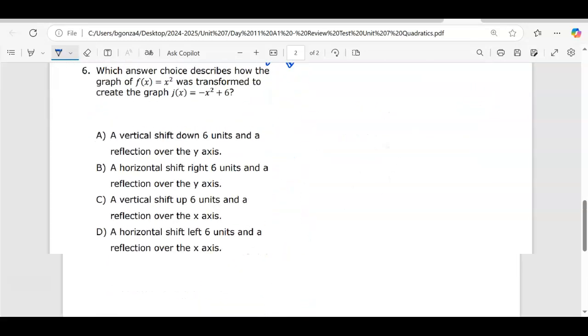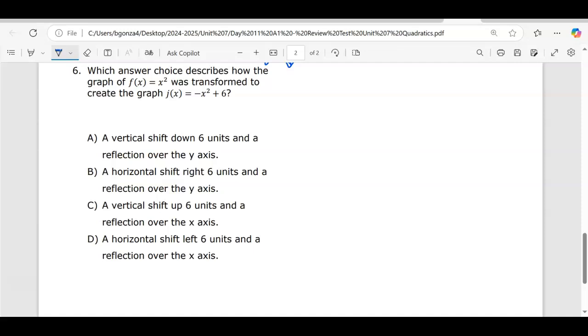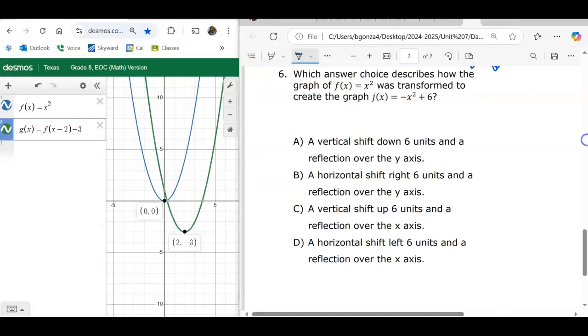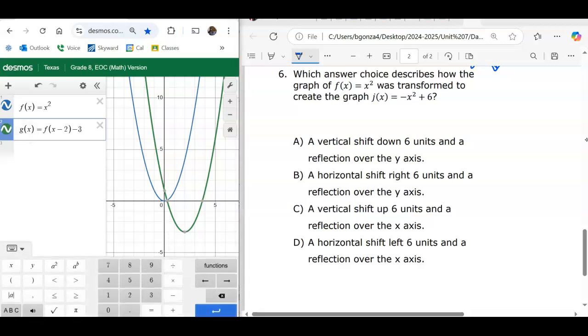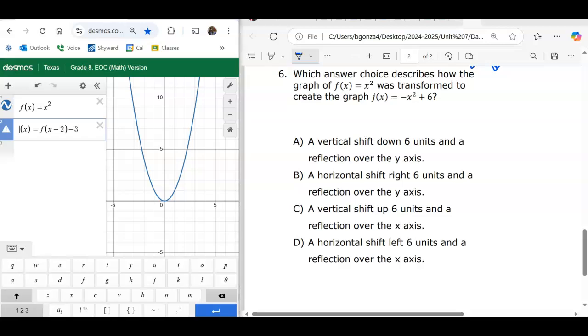Number 6. Which answer choice describes how the graph was transformed? Well, just like before, we got f of x equals x squared. Now down here, it says j of x equals negative x squared plus 6.